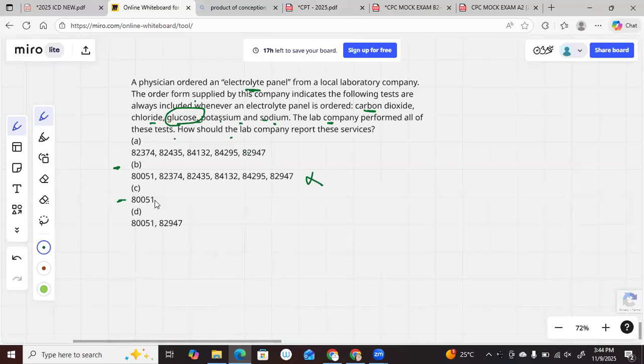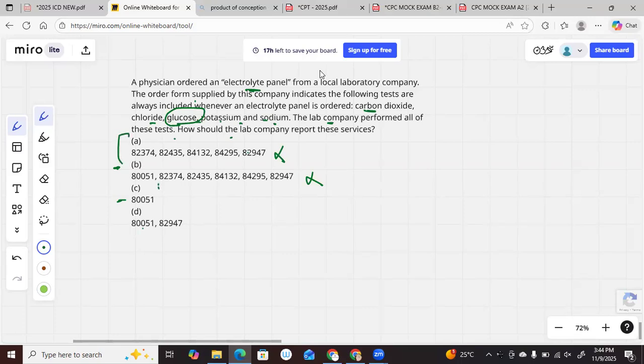As well, if the 4 tests from the one panel have been done, we have to code the panel. So we have to rule out option number A also.